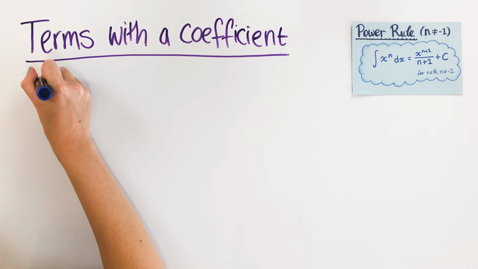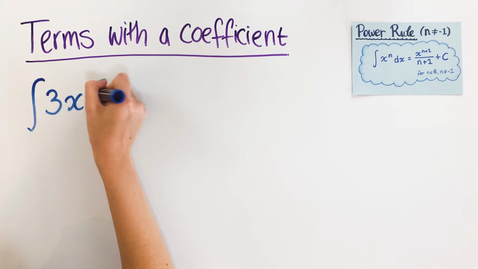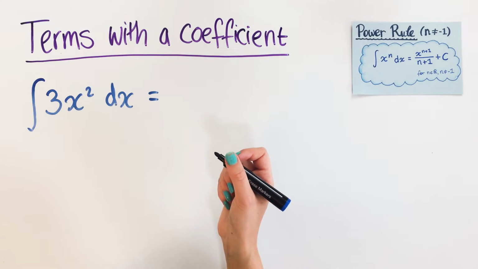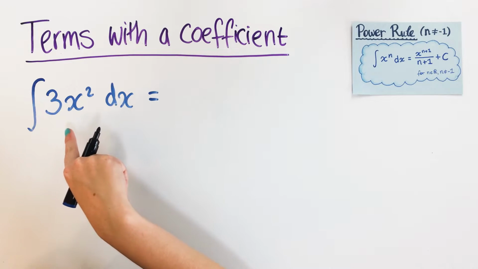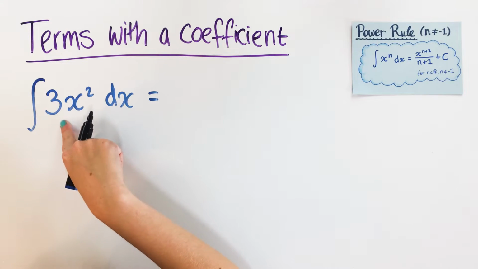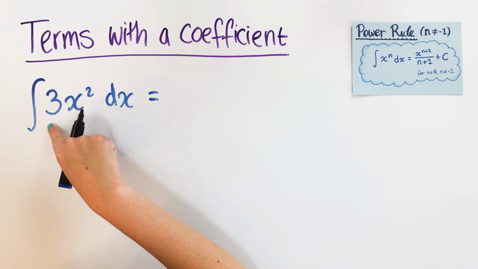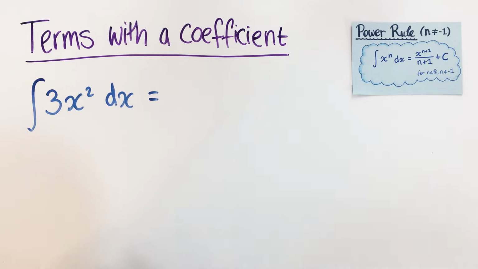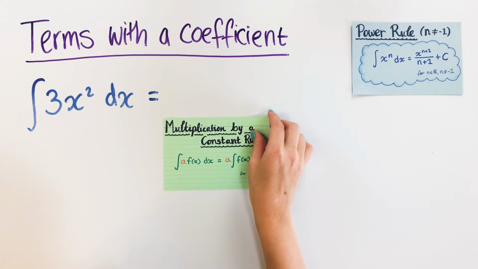Now how about we want to evaluate an integral that looks something like this? So this is a bit different to the integrals we've seen before, because instead of just having an integral of the form x to the power of n, we now have a coefficient in front of the x term. We have a 3 here. So we're not sure what to do with that currently, but luckily we have a new rule, the multiplication by a constant rule.